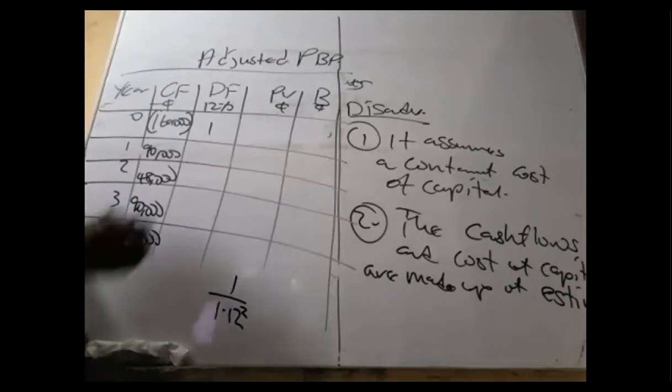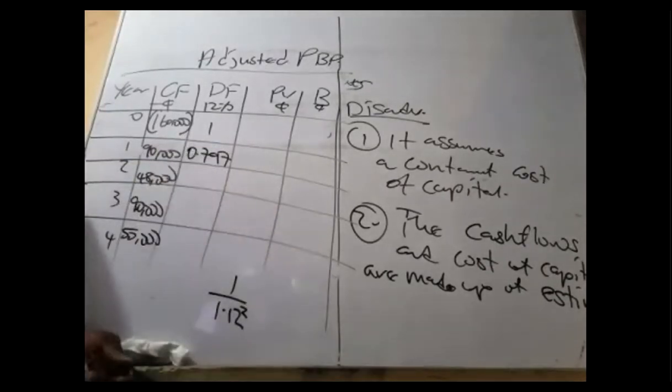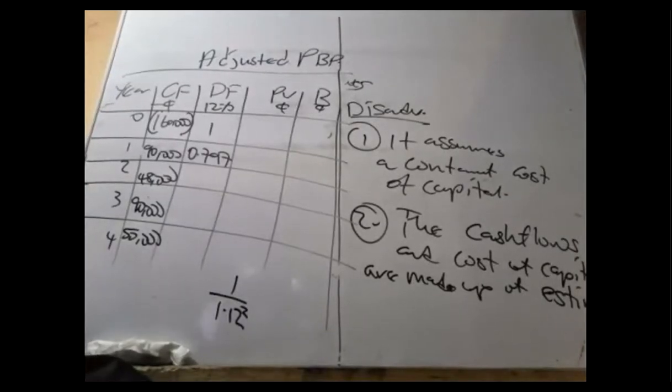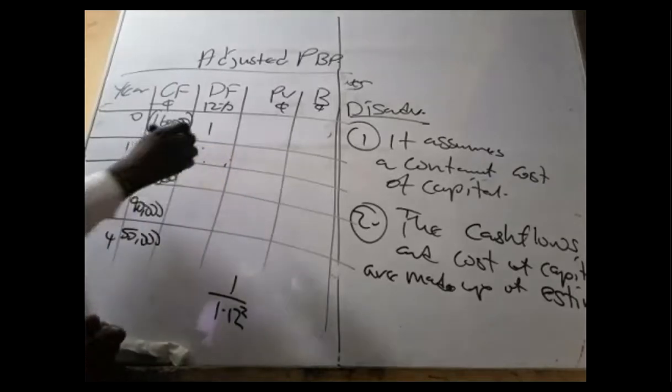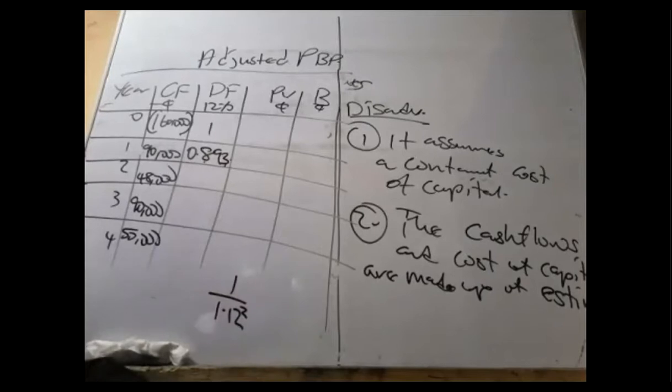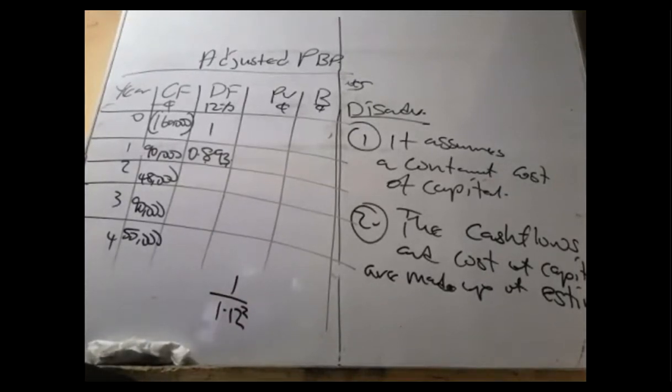Okay. So year 1, the discount factor should be 0.893. The discount factor for year 1 is 0.893.